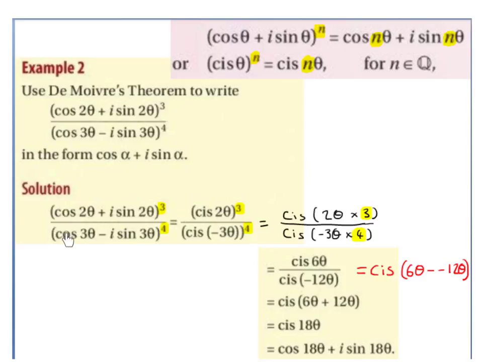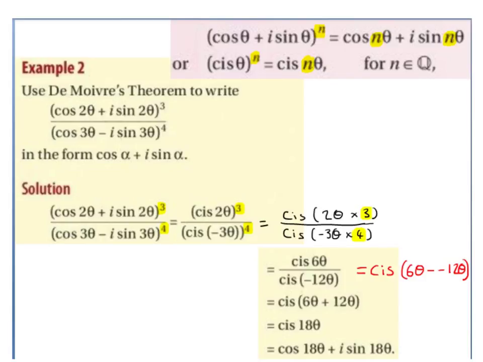And we're going to rewrite (cos 3θ - i sin 3θ)^4 as cis(-3θ) to the power of 4. Next we use De Moivre's theorem, which is stated above. So we're going to multiply the power by the angle. So cis 2θ to the power of 3 becomes cis(2θ multiplied by 3). And cis(-3θ) to the power of 4 becomes cis(-3θ multiplied by 4).